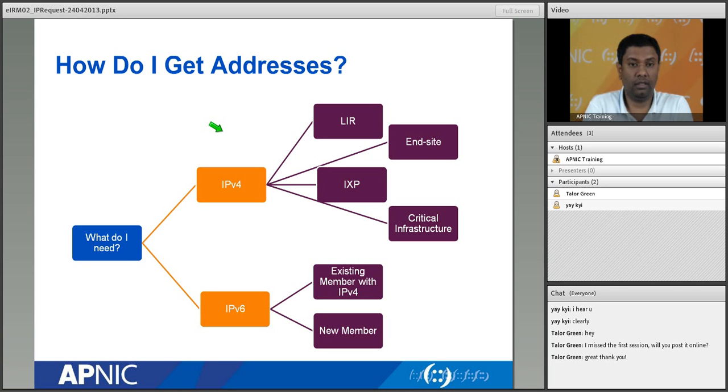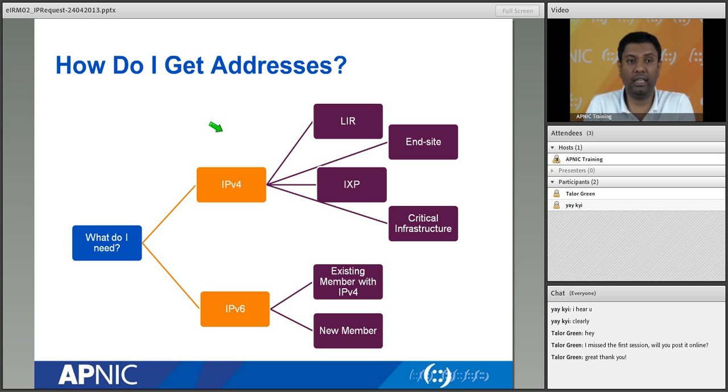we have qualification criteria for local internet registries. So for example, ISPs can get IPv4 addresses. For ISPs, the qualification criteria is that they need to show APNIC that they are a service provider, and that they have at least 25% of the total requirement.